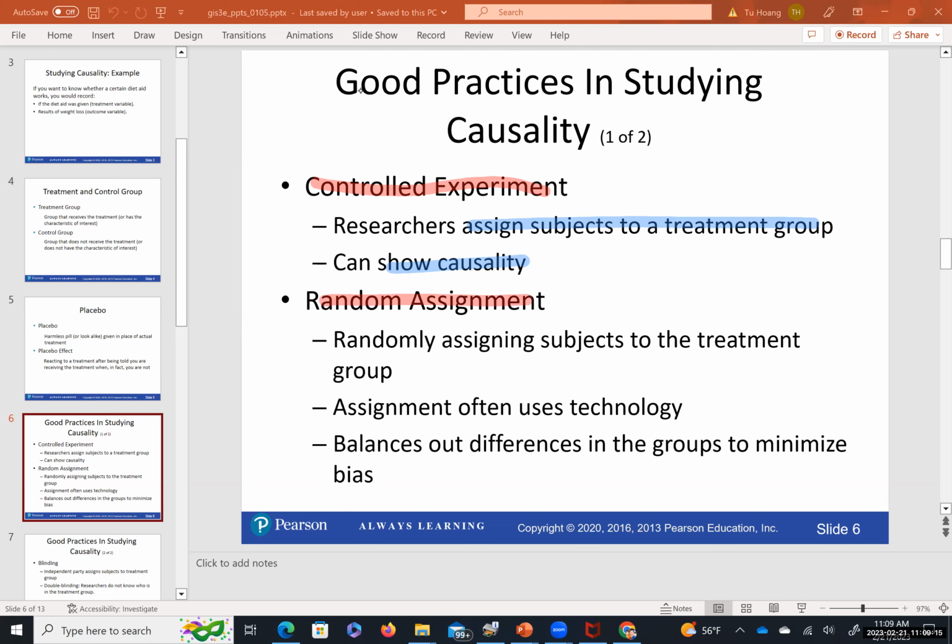Random assignment often uses techniques to balance out differences in the groups to minimize bias. So these are two good practices in studying causality. We have something else. Let's move to the next slide.